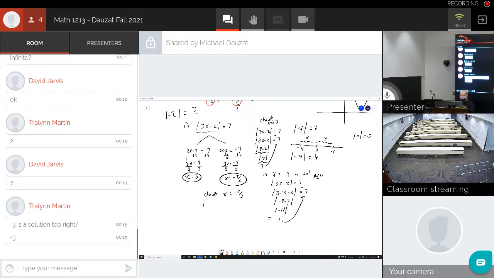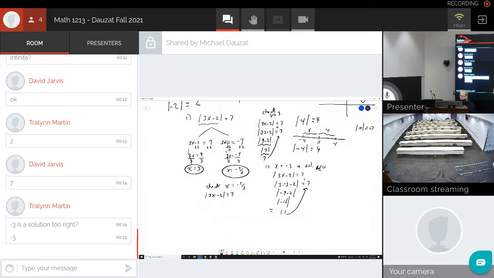The absolute value of 3x minus 2 is equal to 7. And wherever I see the variable x, what will I substitute? Negative 5/3. So I get the absolute value of 3 times negative 5/3 minus 2. And I want to see if that's going to equal the other side, which is 7.